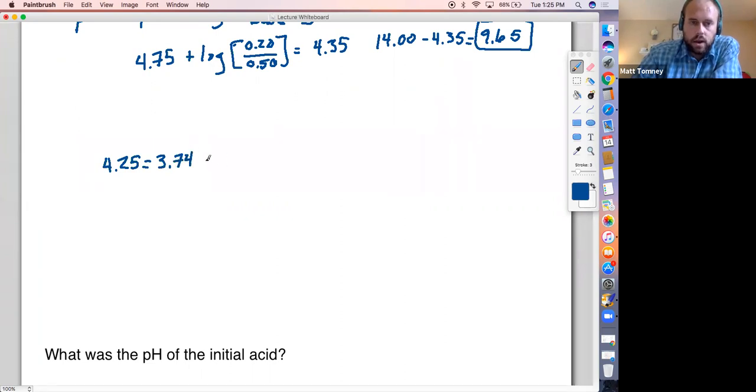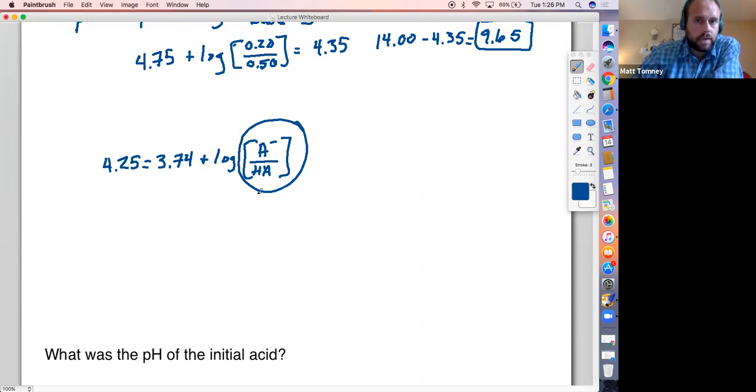And it wants to know what the ratio of conjugates should be, A minus and HA. So this is the formate and the formic acid. What I need to do is solve for this. I don't need to solve for the log of it. I need to solve for this itself that I circled. That is a ratio right there.